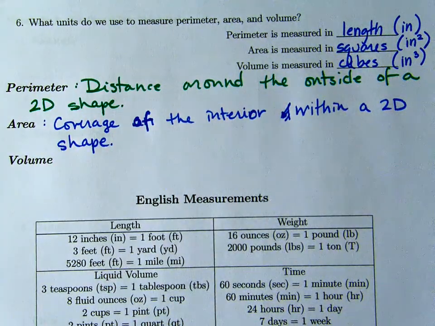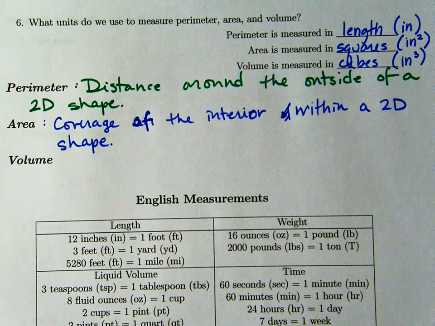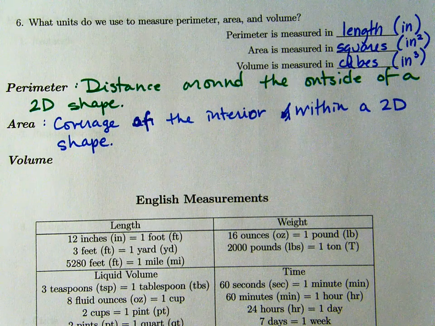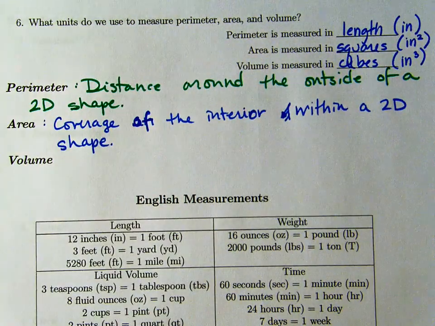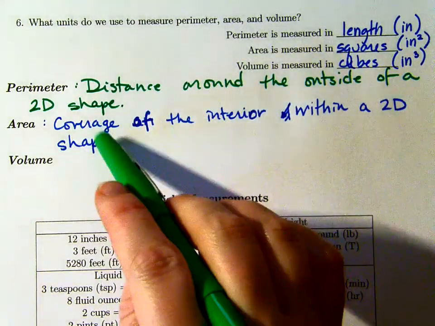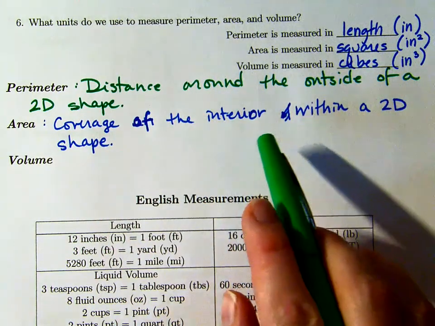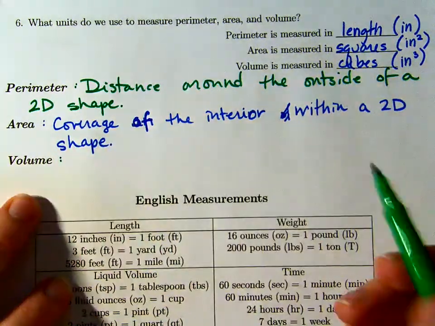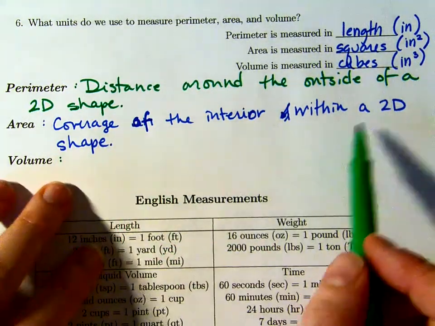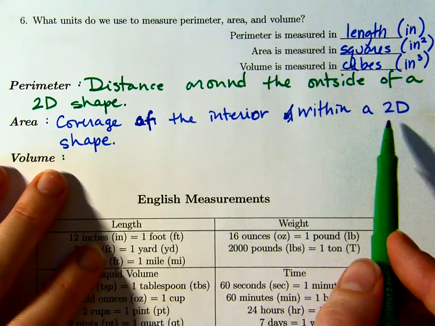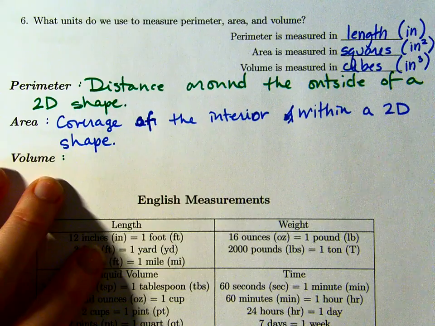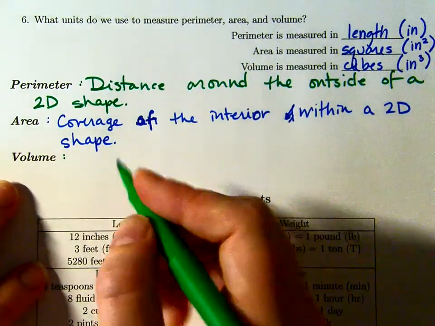Squares. How much coverage is that thing? It's like 36 square inches. And volume. Volume isn't the distance around or the coverage in the interior of a 2D shape, but it is the amount that is able to be inside within a 3D object.